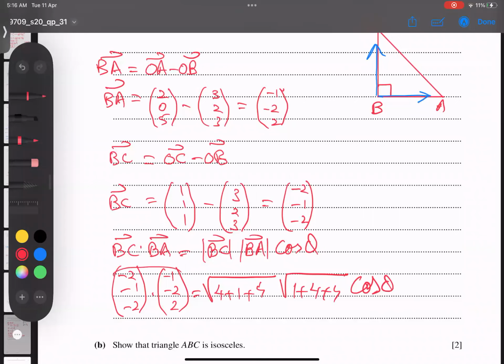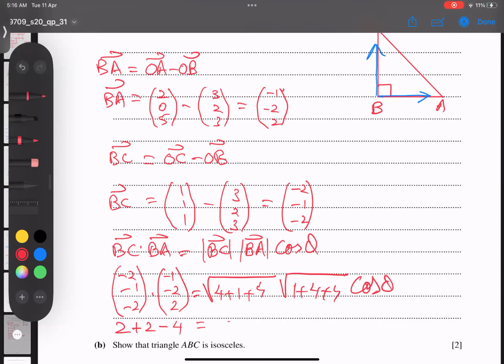And dot product means corresponding position elements, multiply always and add them. So I get 2, plus 2, and -4. And as you can see, this is no need to do it, but just for the sake of understanding, we got 0.